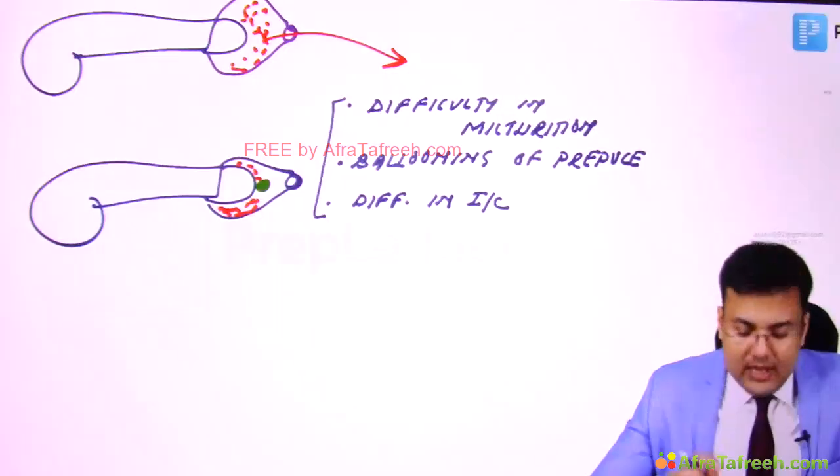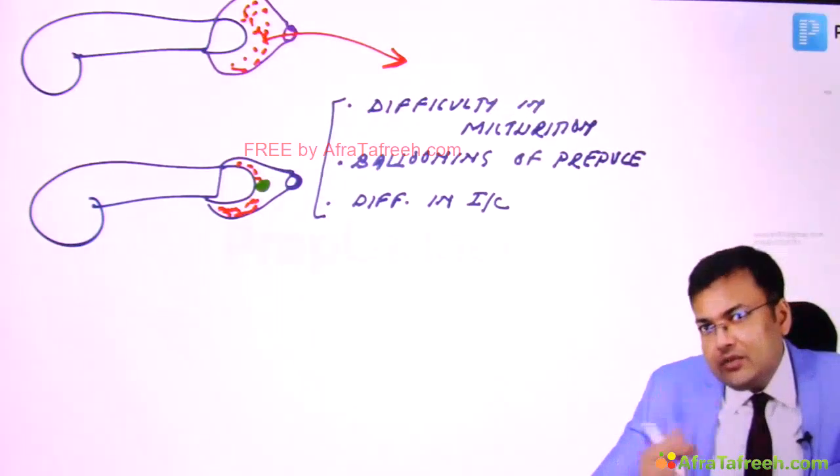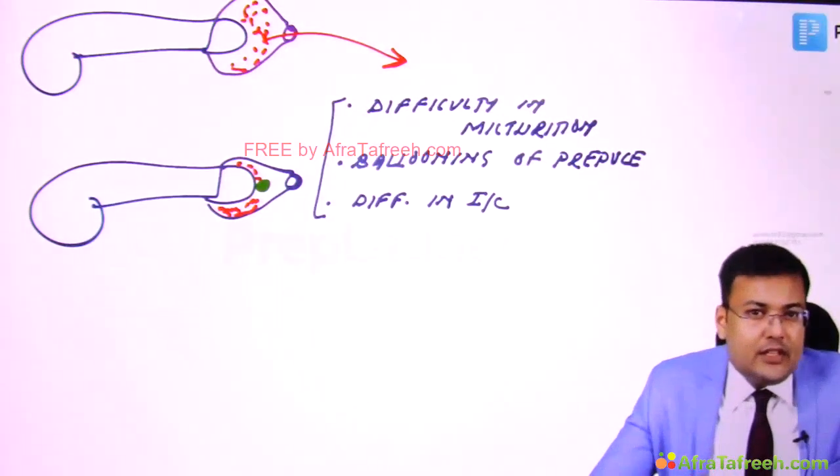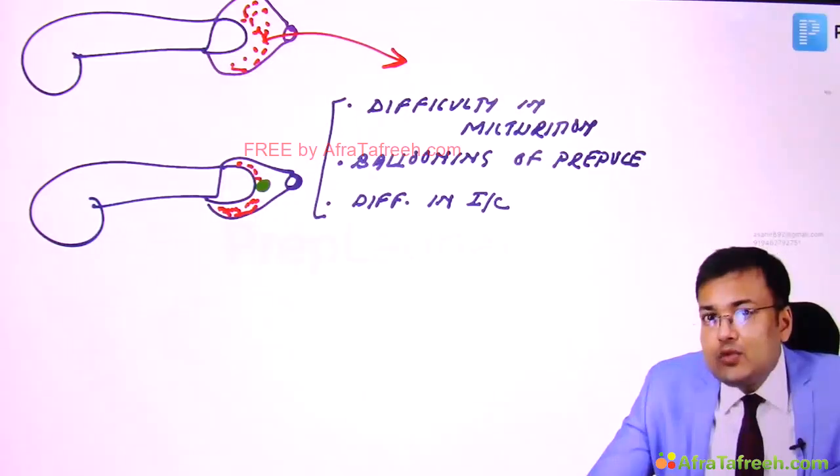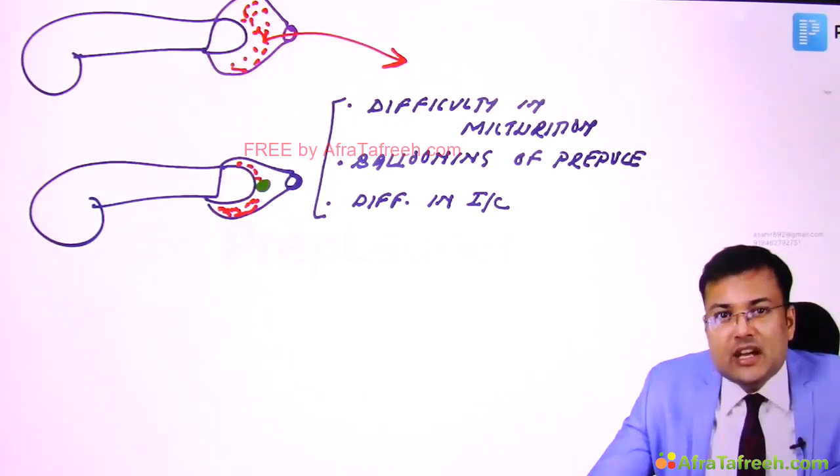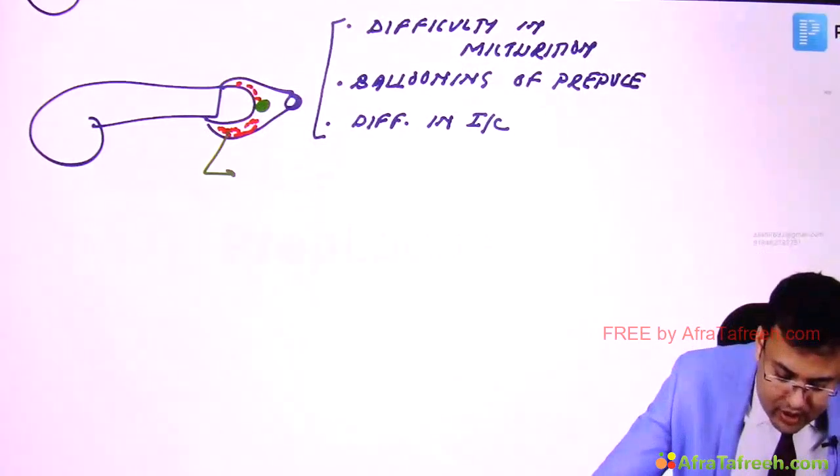Third, chronic inflammation increases the risk of squamous cell carcinoma, meaning carcinoma penis. So these are the complications.